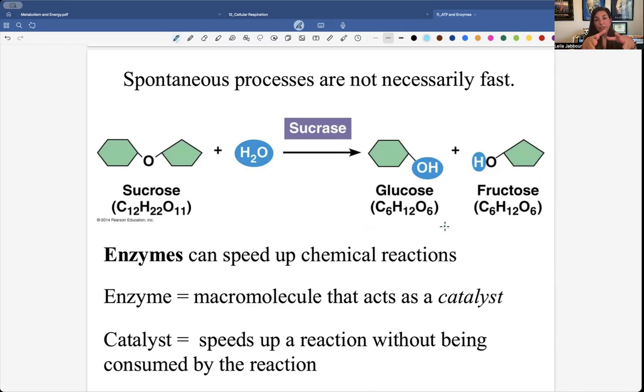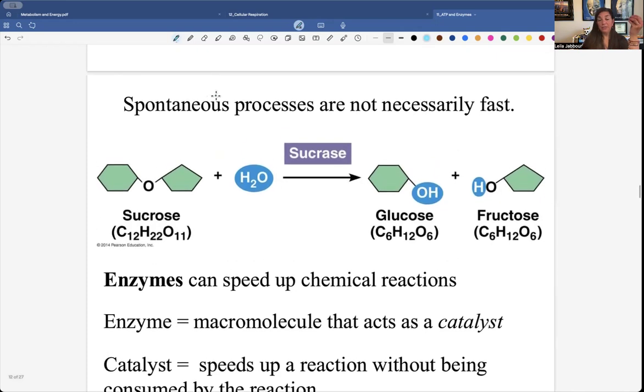So in this particular lecture, I want to talk about a second topic here. It's enzymes. Enzymes are important for chemical reactions, especially the ones that will happen very, very slowly without them. So even with a spontaneous reaction, meaning a reaction that's going to take place because it's just meant to go into that particular direction, and the reactants are going to combine and form a product.